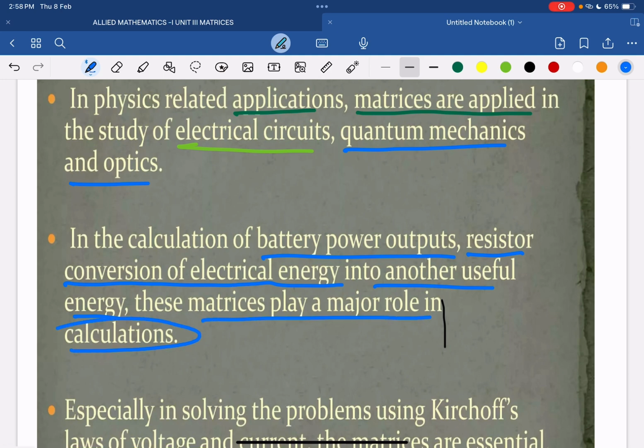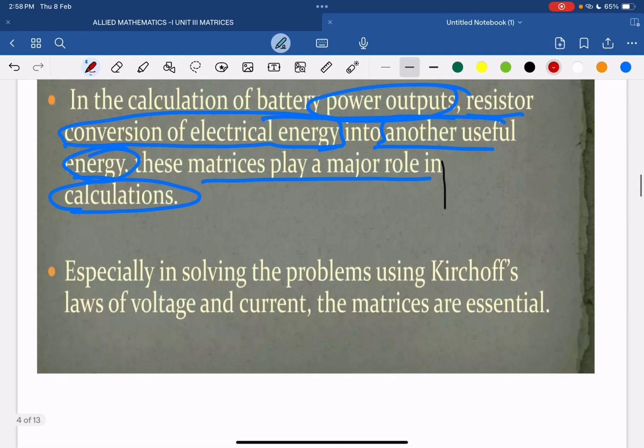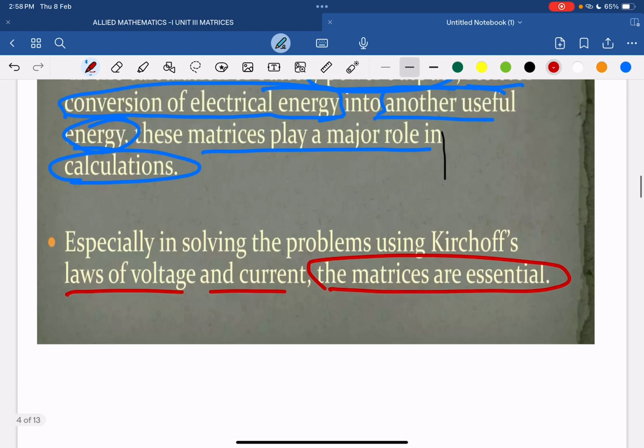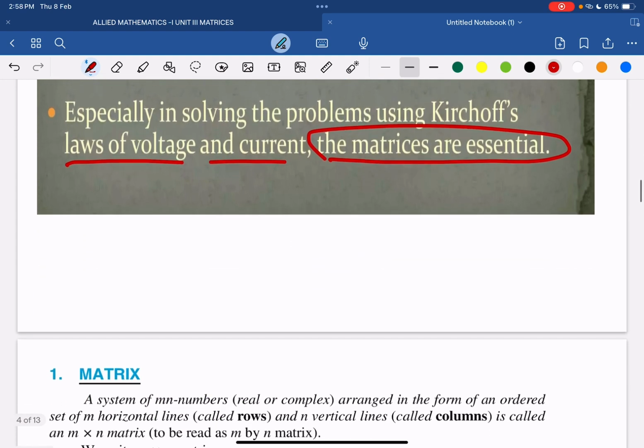They are used especially in solving problems using Kirchhoff's law of voltage and current. Matrices are an essential part of physics. So these are a few applications of matrices.